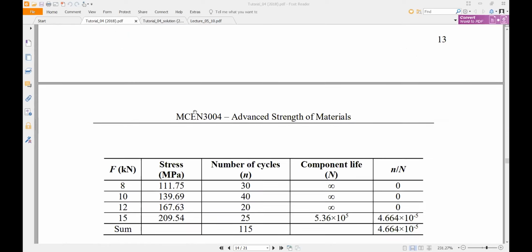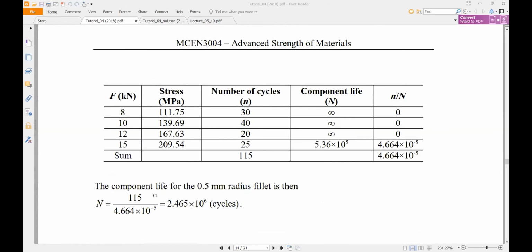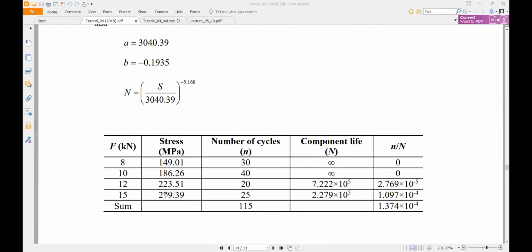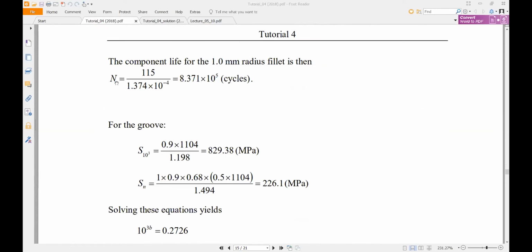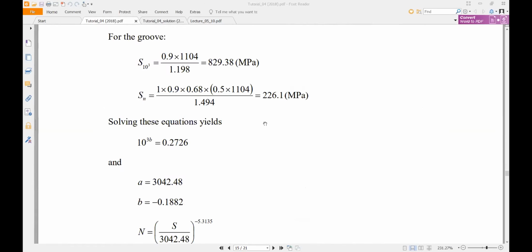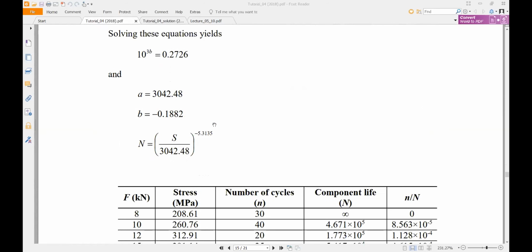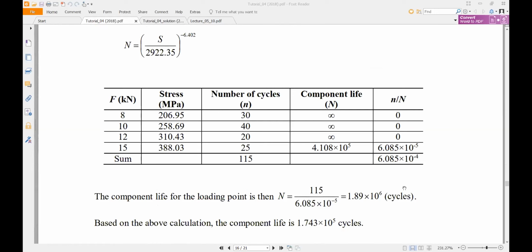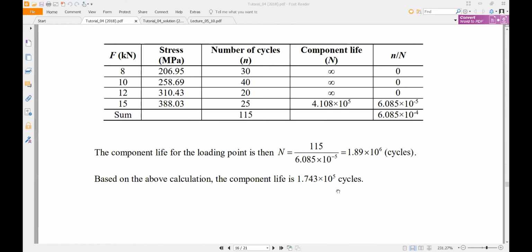Fillet number 1, you need to calculate the number of cycles. Fillet number 2, you need to calculate the number of cycles. And the groove, you need to calculate the number of cycles. The loading point, you need to calculate the number of cycles. Then you need to consider the number of cycles. The lower number of cycles is the answer.